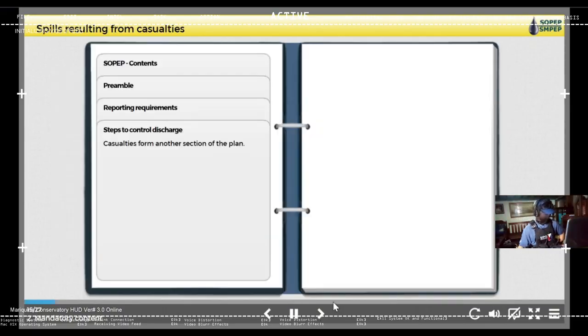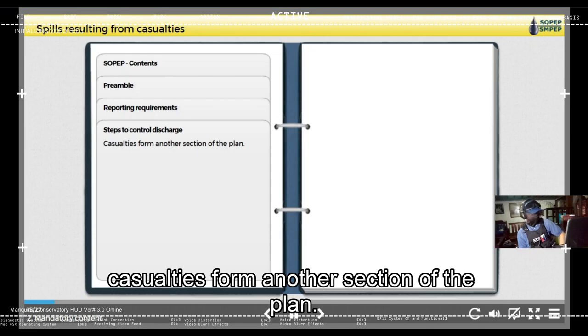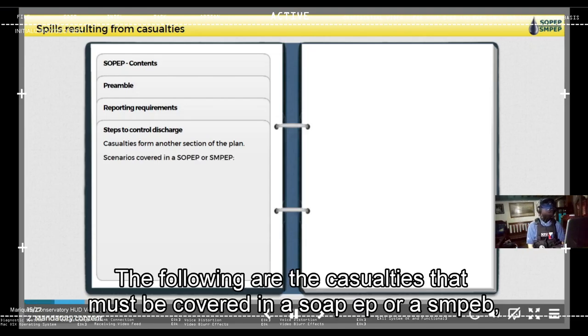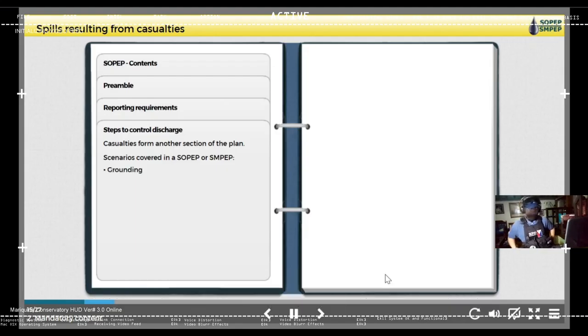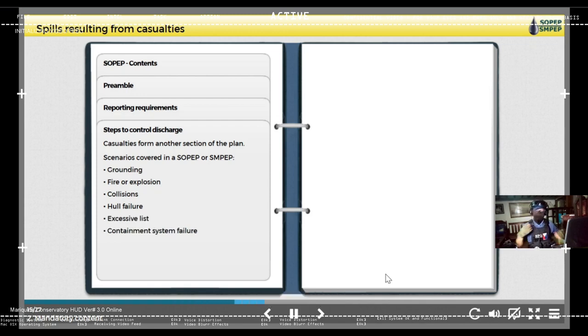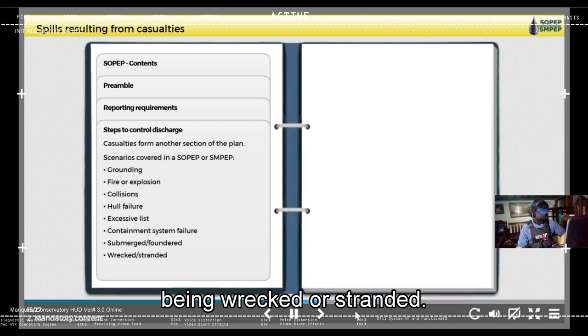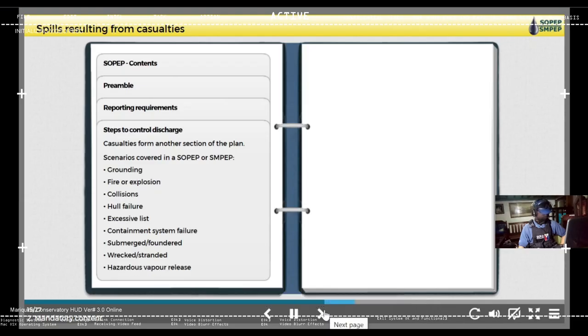Casualties form another section of the plan. The following are the casualties that must be covered in a SOPEP or a SMPEP: grounding, fire or explosion, collisions, hull failure, excessive list, containment system failure, becoming submerged or foundering, being wrecked or stranded, and hazardous vapor release.